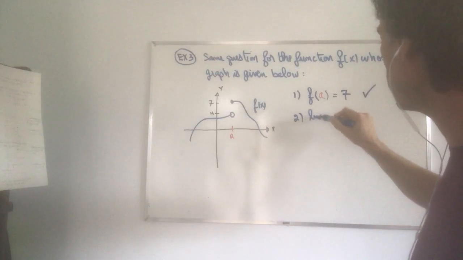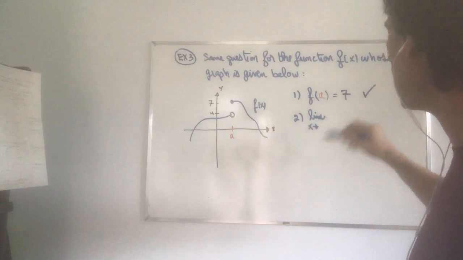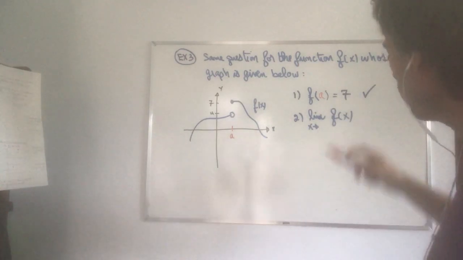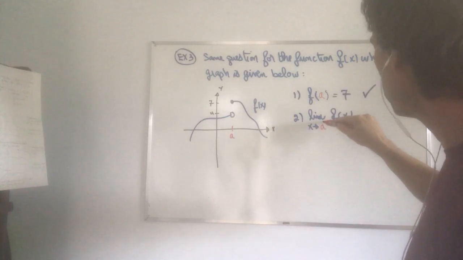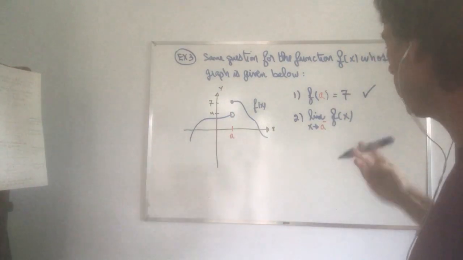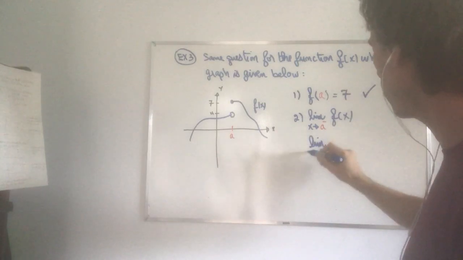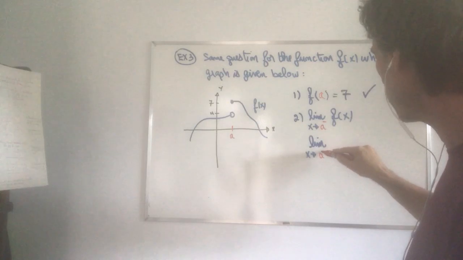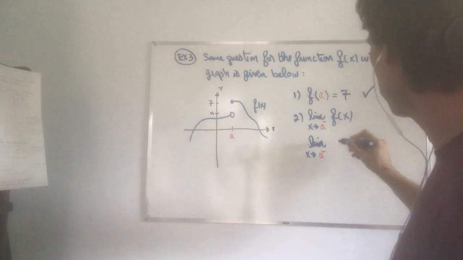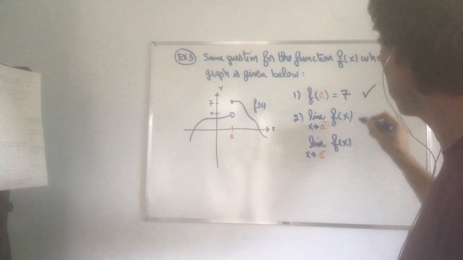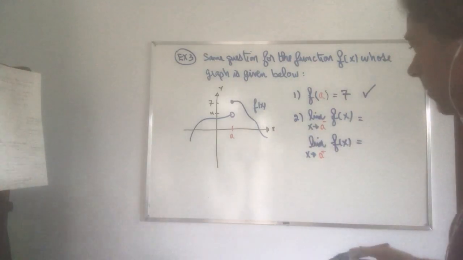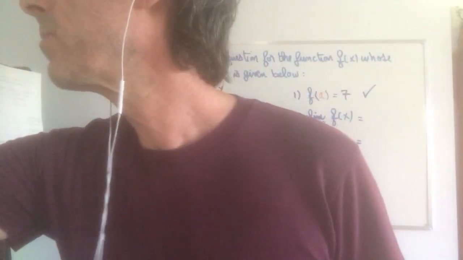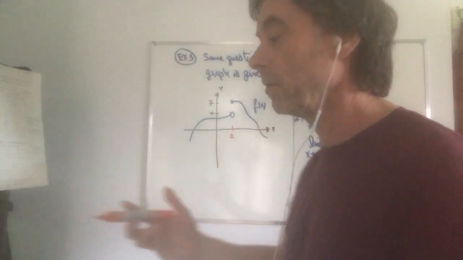Condition 2, let's investigate the limit as x approaches a of f of x. And that requires looking at the left and looking at the right. All right, approaching from the left.